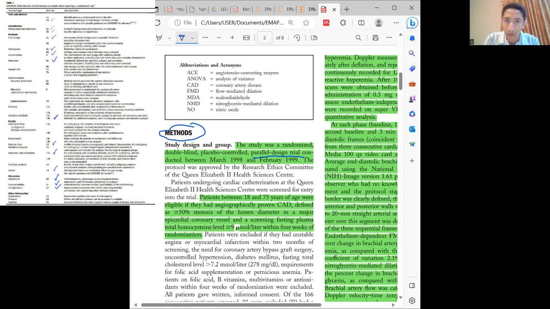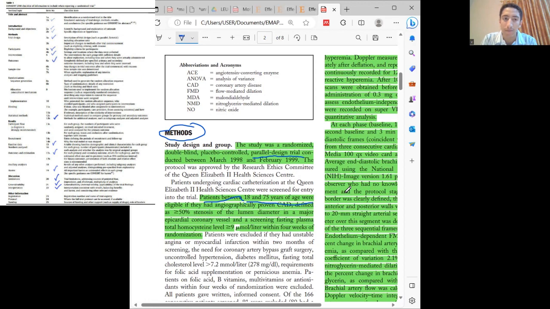Item 3b we cannot find, because that is not the eligibility criteria. The eligibility criteria we can find: patients between 18 and 75 years old were eligible.